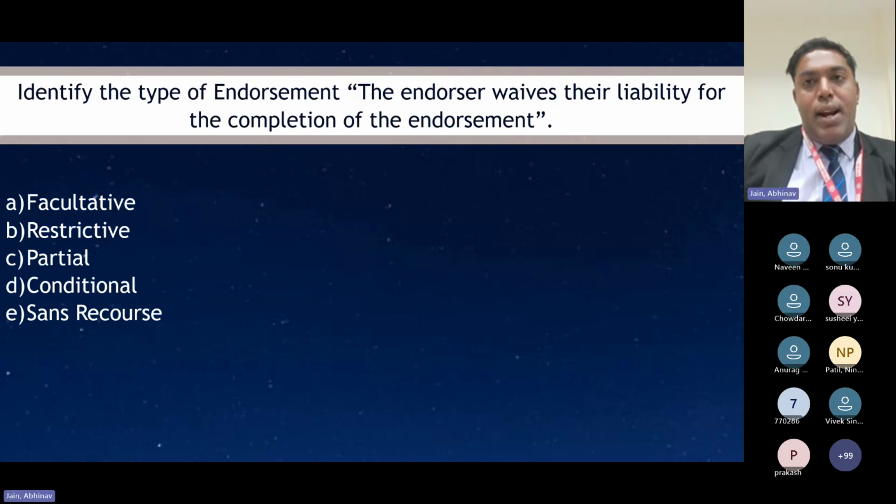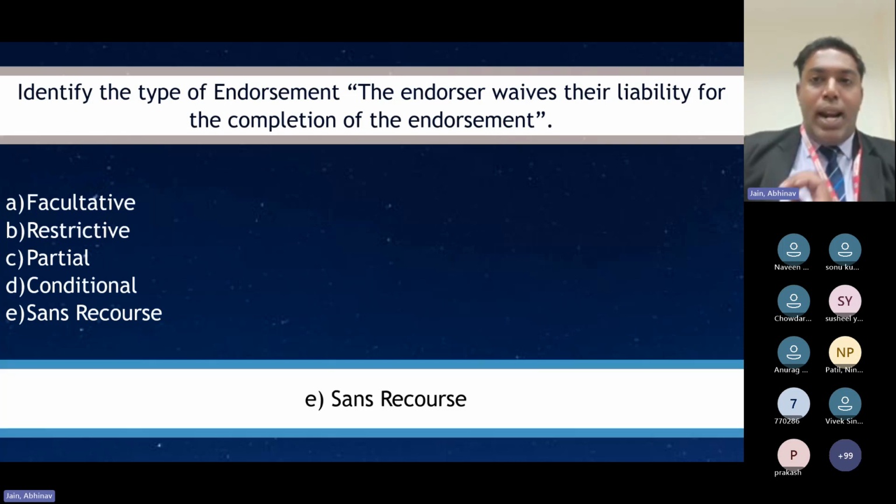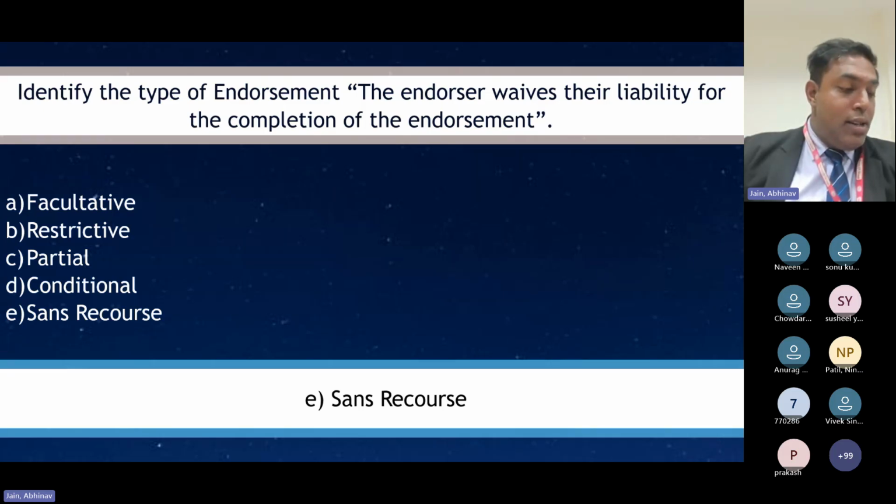Suppose somebody has endorsed an instrument, and in that endorsement they clearly mention that there is no liability from my side. I am just endorsing it and I am not responsible or accountable if anything happens to this instrument or it gets cancelled. So where the endorser waives their liability or discharges themselves from the responsibility, such endorsements are called sans recourse endorsement.